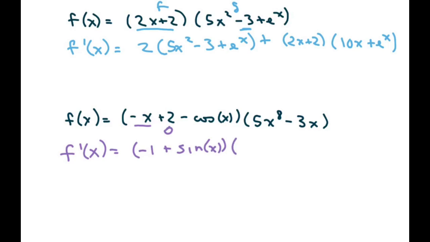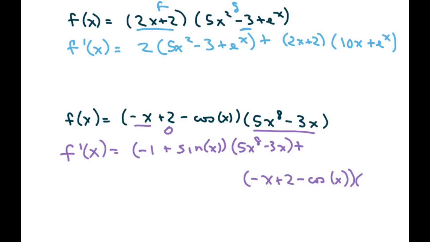Alright, and then you just copy down your g, which is 5x to the 8th minus 3x. Then you put your plus, and we're going to copy down our f, which is negative x plus 2 minus cosine of x. And you multiply it by the derivative of this piece, which is going to be 40x to the 7th minus 3.